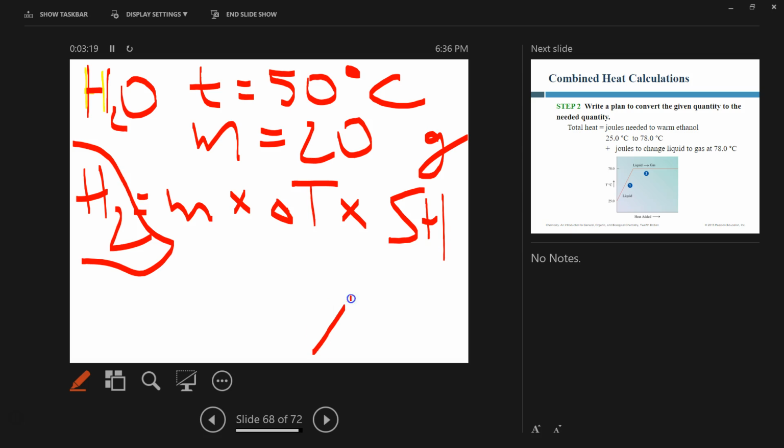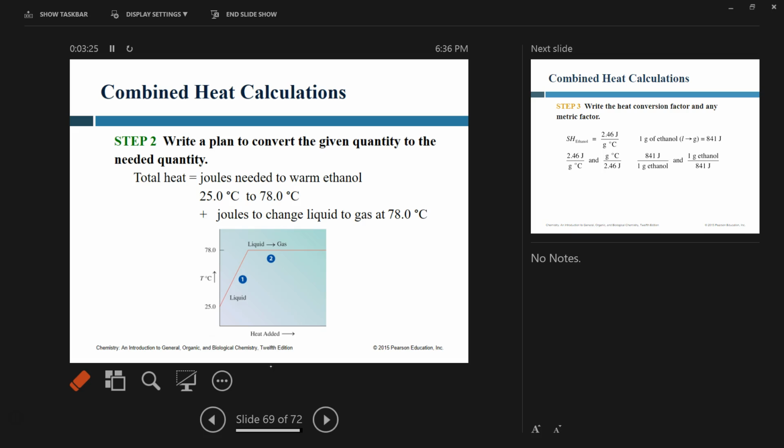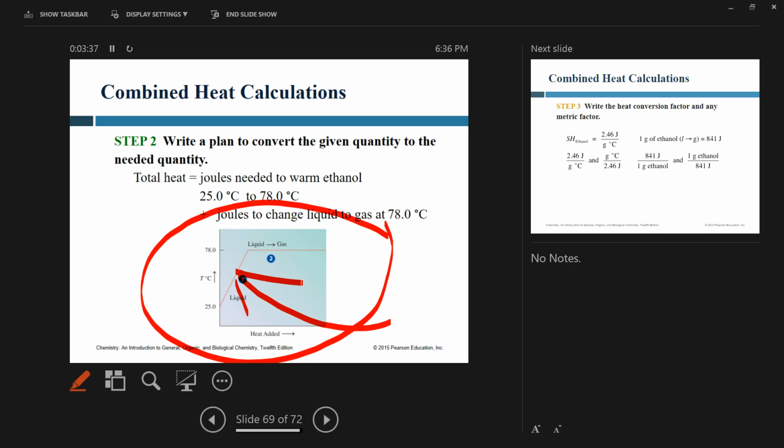Okay. Now let me go forward for a second. So this is the part of the heating curve. Can you see it? This diagonal line, what does it represent?